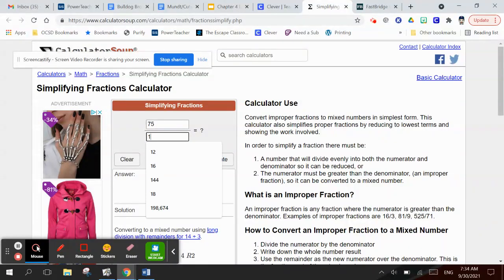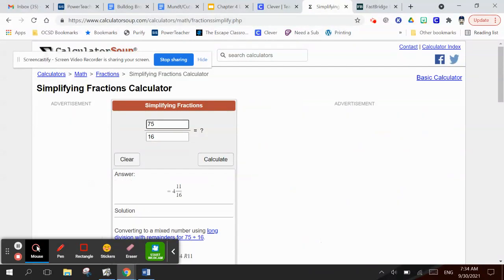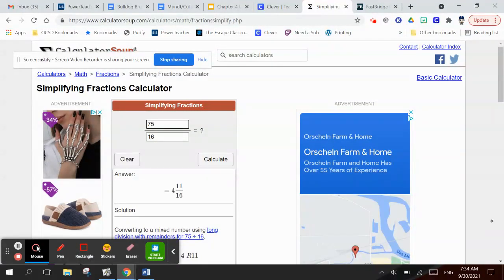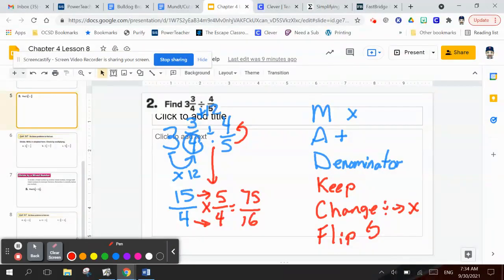My denominator was 16. I'm going to hit calculate, and it's going to show me what the mixed number is, which is 4 and 11/16. And that is the answer to that problem.